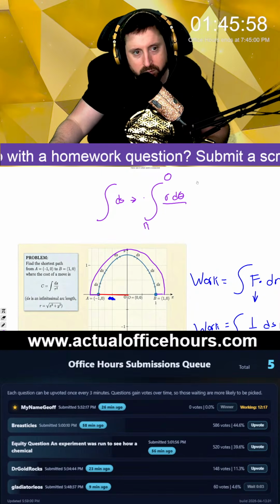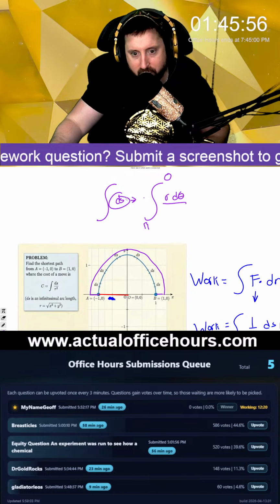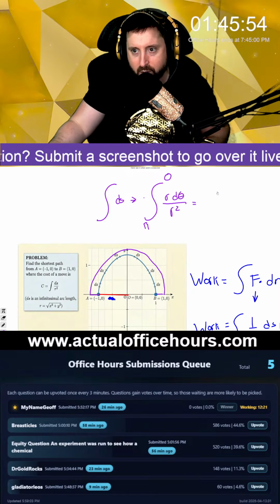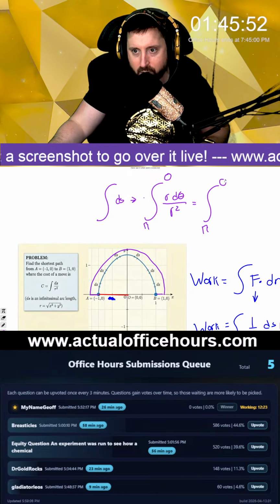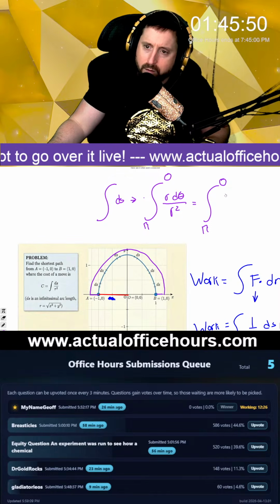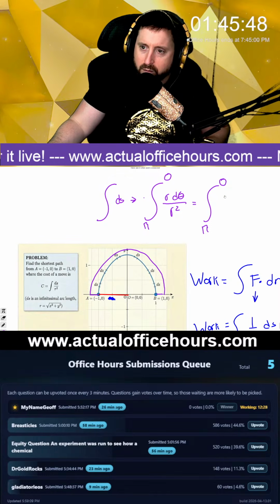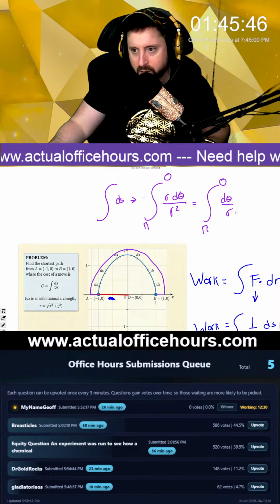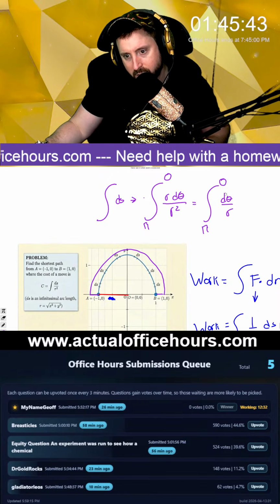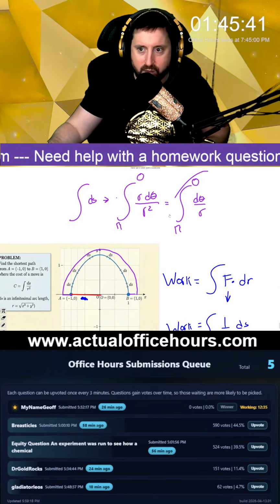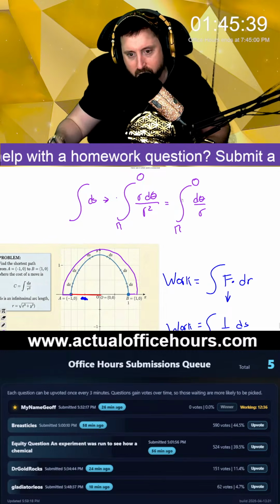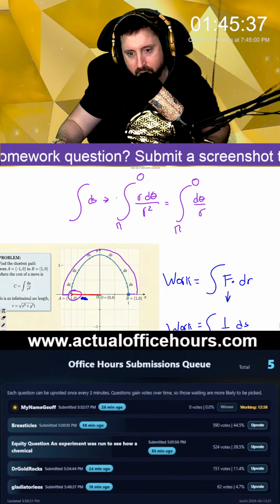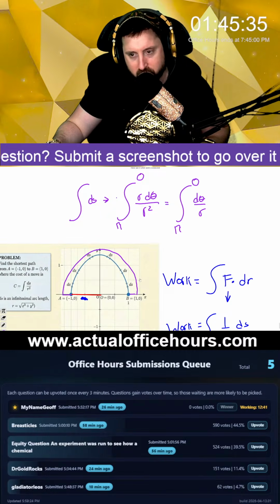I think r d theta is now my new ds, and then this is r squared. So then you have the integral from pi to 0 of d theta over r. This is the amount of cost to go in a circular path from a location r.